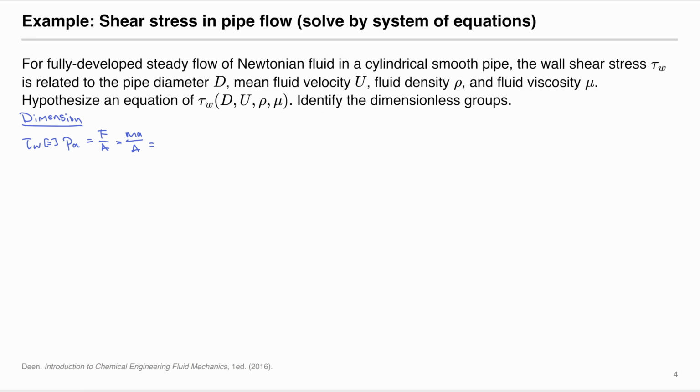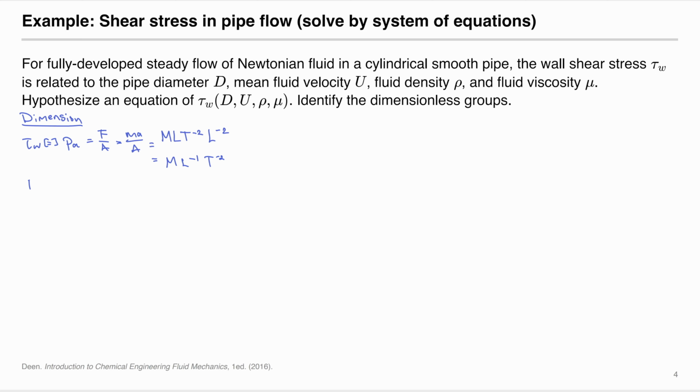M is the mass M. Acceleration is distance L divided by time squared, so T to the -2. And then divided by area, which is L squared, so I have L to the -2. Simplify this, this gives us M L^-1 T^-2.